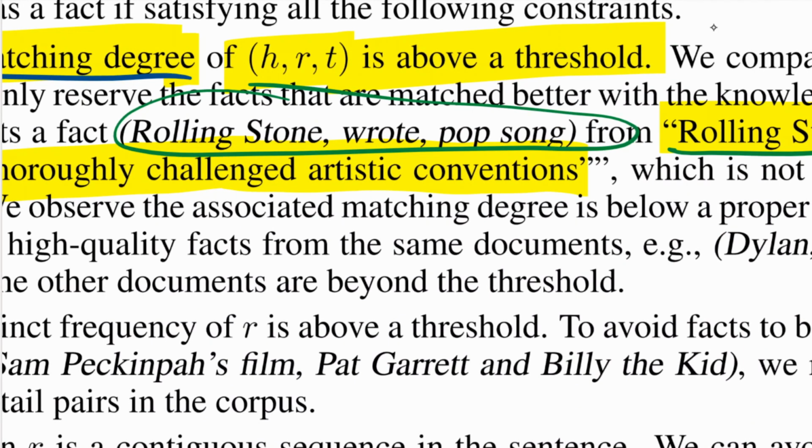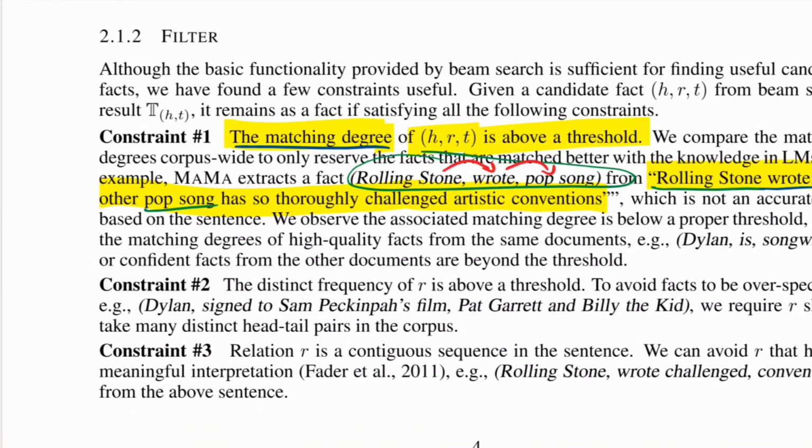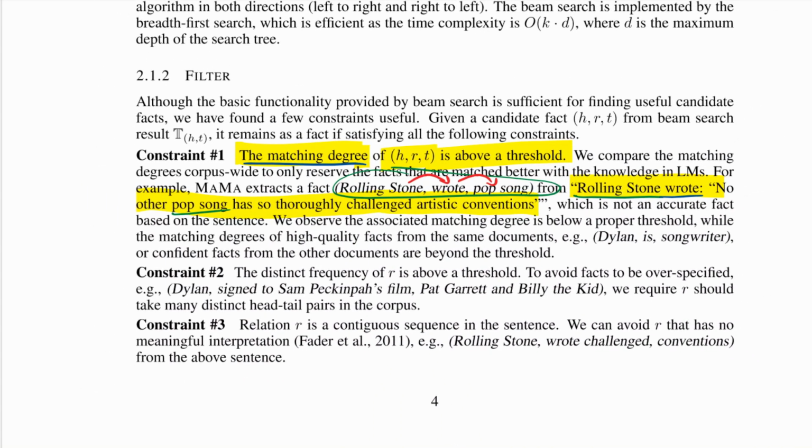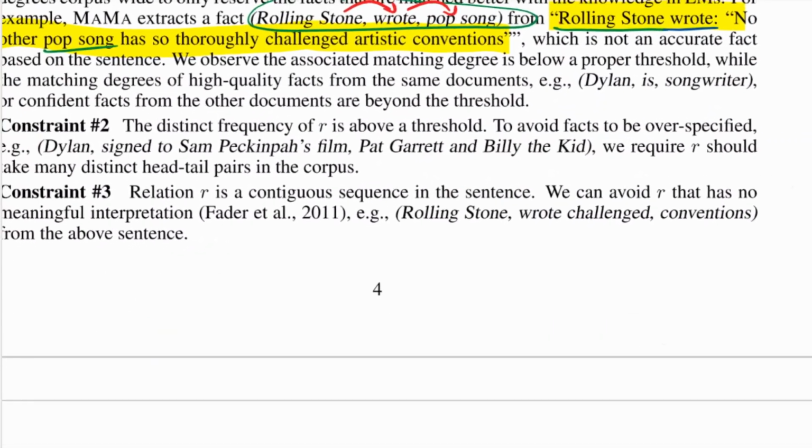So the language model thinks that "wrote" is a very good follow to "Rolling Stone", and "pop song" is a very good follow for "wrote", or the other way around, depending on which way the attention matrix is. But the language model thinks that these words together make sense, in the context of this entire sentence. So, as I said, think of it as a bit of a summarization paper, but with more constraints.